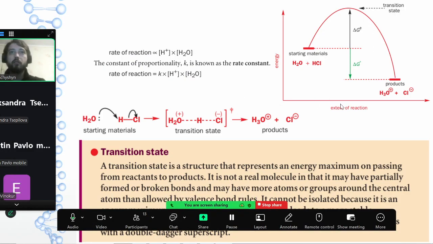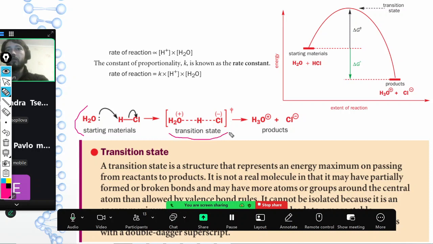Here is a more concrete example. So here is the dissociation of hydrochloric acid. Here are some starting materials. Here we have some sort of transition state. So this bond is not fully created, while this bond is not fully broken.